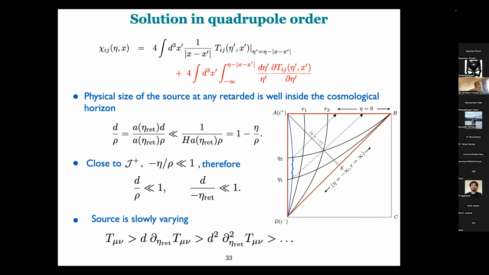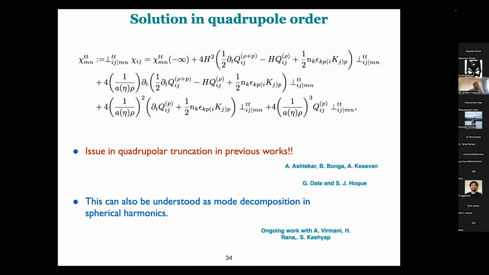Also, because you have to integrate this chi_ij expression, we also assume, for the validity of the Taylor series, that the source is slowly varying. And then if you plug in all these expressions, you will get this expression. I just decompose it, because the structure of this equation is important.